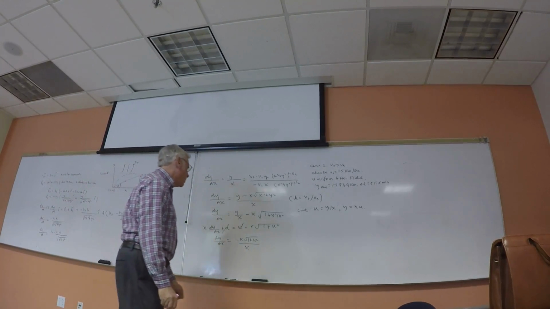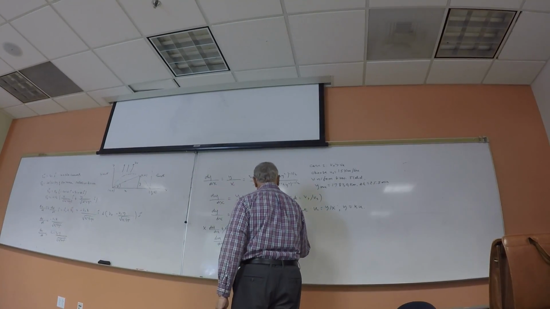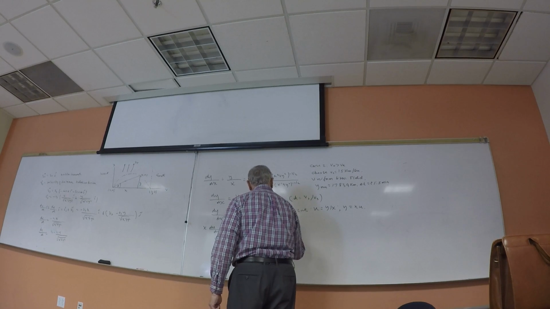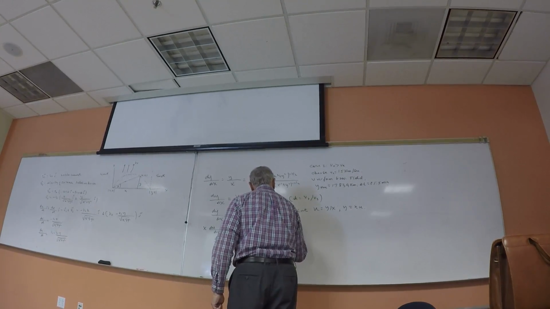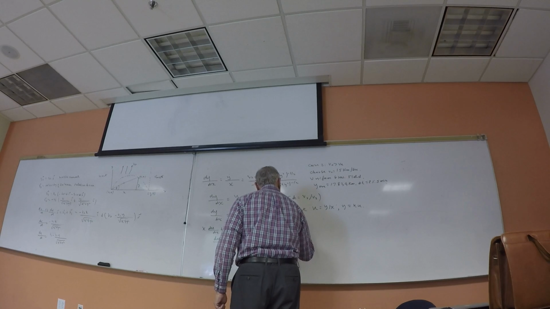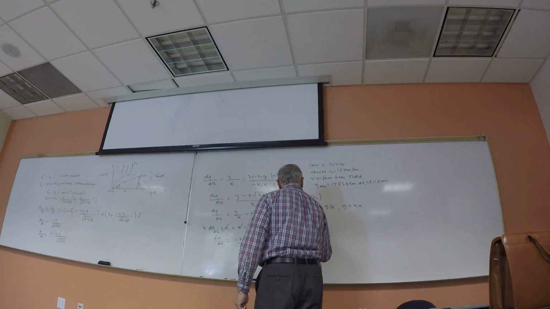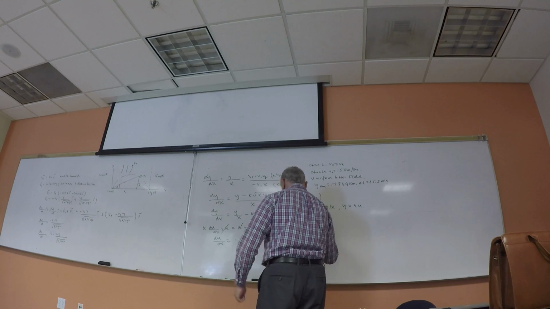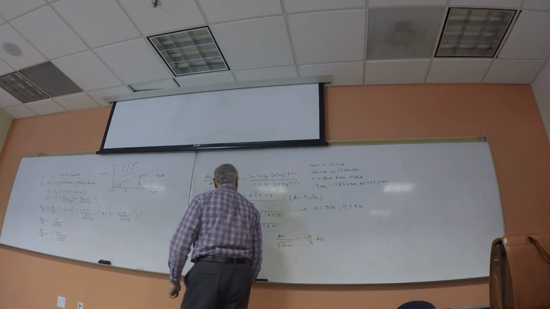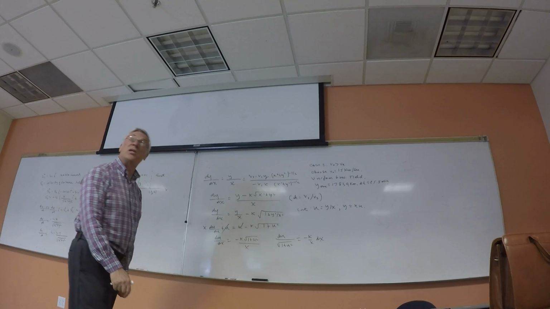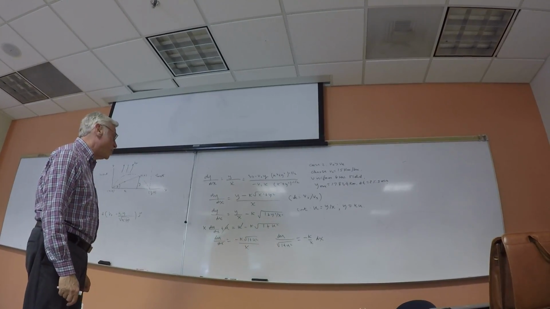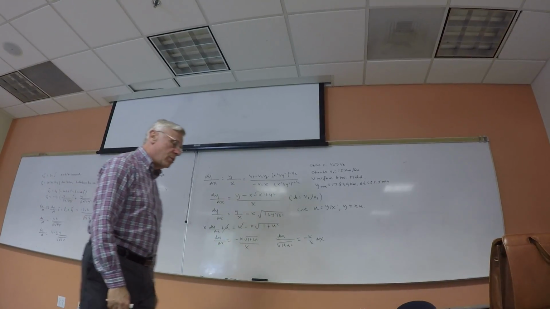Okay, it's variable separable, right? So that becomes du over the square root of 1 plus u squared equals minus k over x dx. I'm going to cut out some steps because we're going to lose some time here.